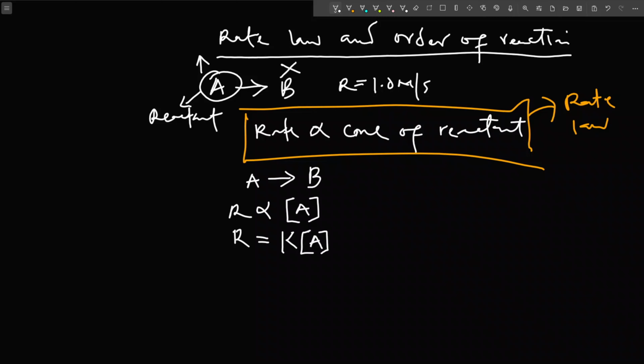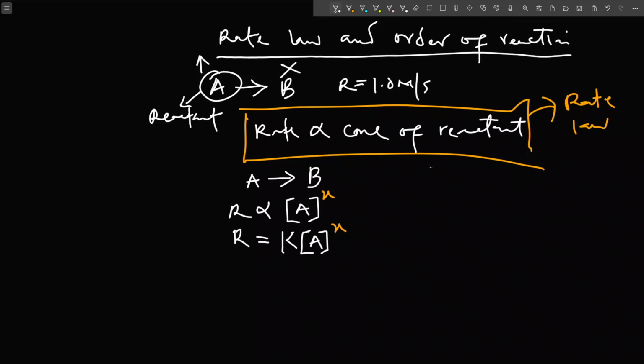And the thing here is that the concentration of A is going to carry a power. Let's call the power X. Now, note something: this power here is not the stoichiometric coefficient of the reactant. What I mean by that is this.